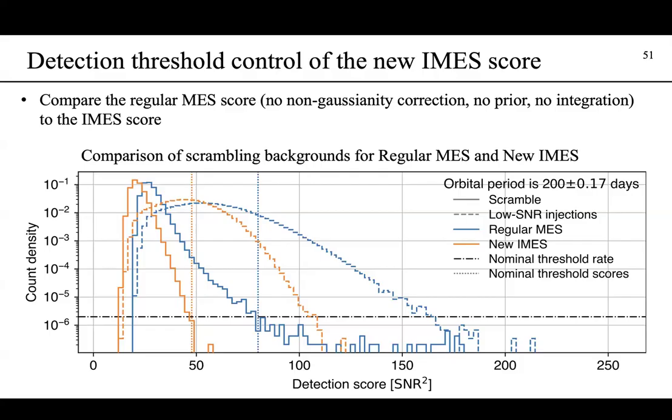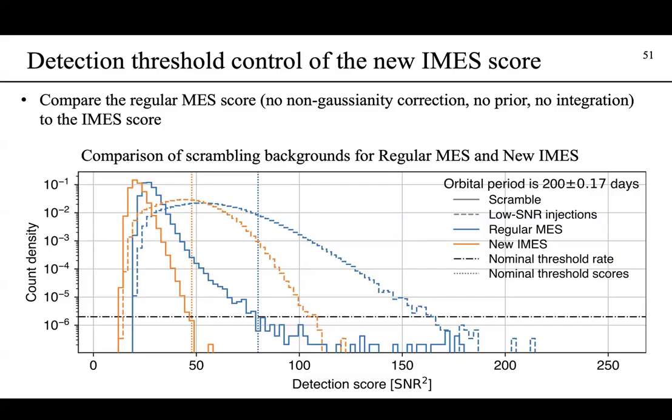will cross the threshold. So if we use the regular detection statistic, not this non-Gaussianity corrected one, we will get this blue distribution of noise events. And then in order to set the detection threshold, we need to integrate the false alarm rate here. And when it reaches something, we put a line: okay, this is the detection threshold.